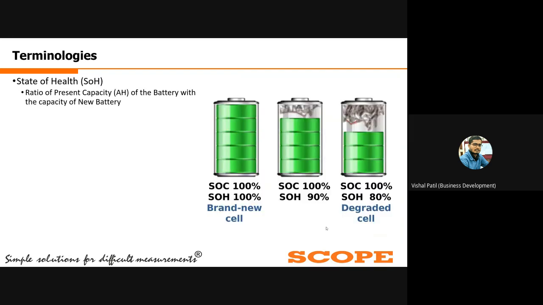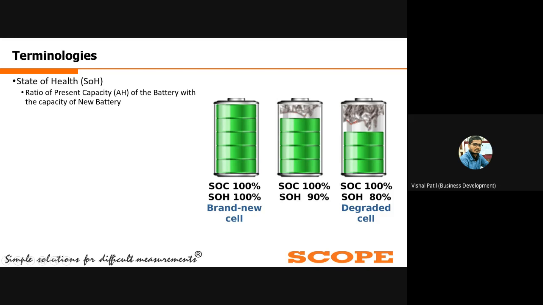Now the next terminology related to battery bank healthiness is the state of health. This SOH is nothing but the ratio of the present capacity of the battery in ampere hour with respect to the capacity of the battery bank when it was newly installed. So we are comparing the original ampere hour capacity with the current ampere hour capacity. As you can see in these two or three examples, the state of health is 100% when that particular cell is brand new.